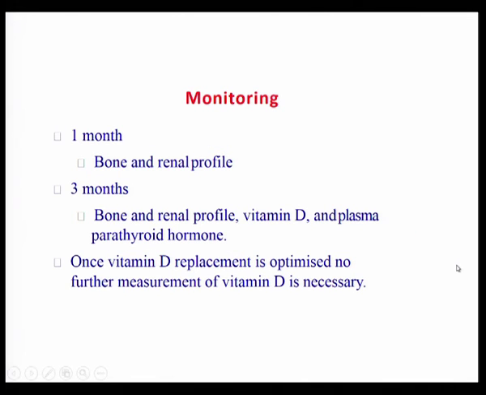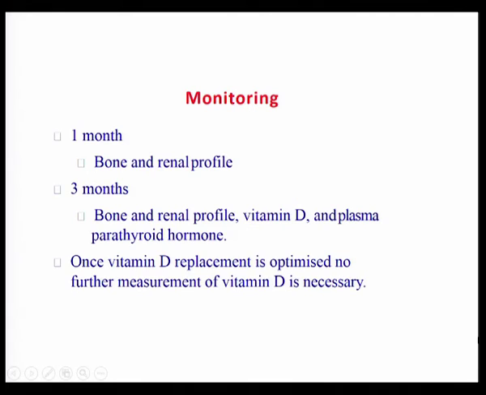Now how do we monitor after you start the deficiency therapy? You look at the bone and the renal profile, and how their response is. What do we mean by renal profile? Kidneys are essential organs in reabsorbing calcium. We don't want to lose all the calcium, and most of it is recycled. Any calcium eliminated by the kidneys during the normal filtration process is reabsorbed and utilized again.